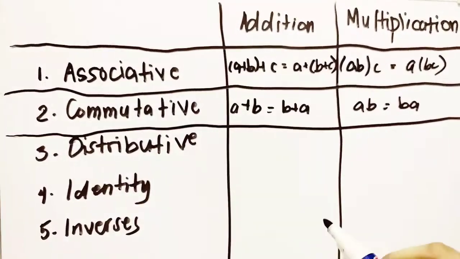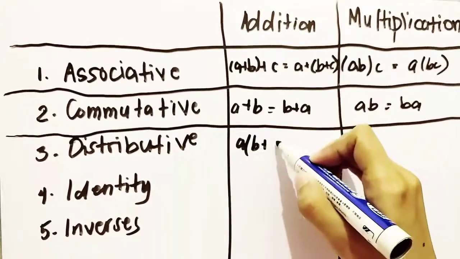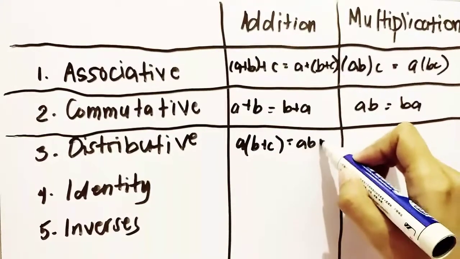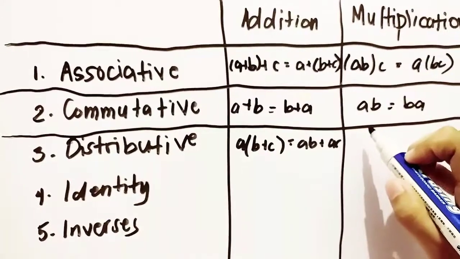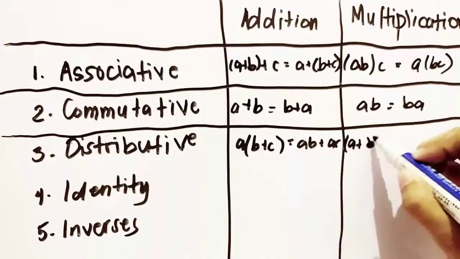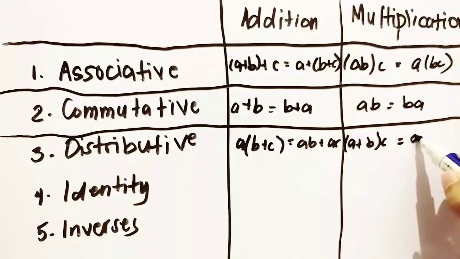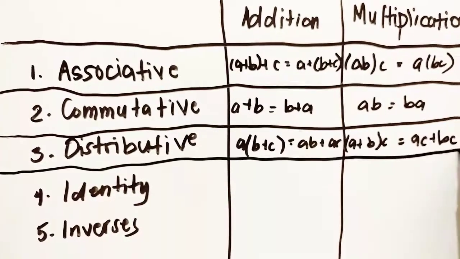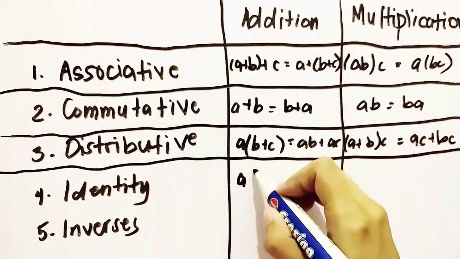For distributive, in addition, we have, and for multiplication, for identity, we have the 0 and 1.